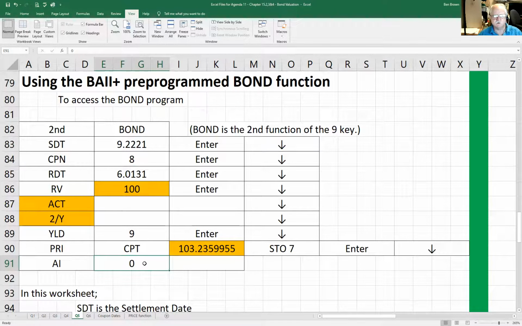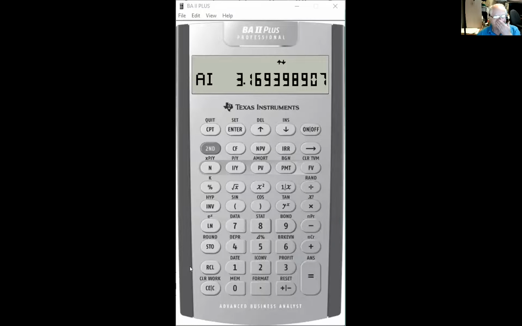So let's go over to the BA2 Plus and calculate this. Let me share my calculator. Can you see the calculator?